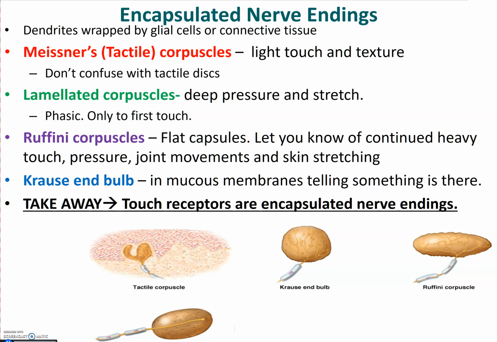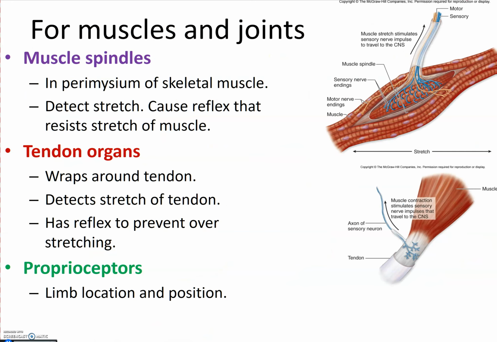Now, there's some others. The Ruffini corpuscles let you know of joint movements and skin stretching, and I just like the end bulb of Krause. That's in your mucous membranes. It tells you you have a booger. So touch receptors are encapsulated nerve endings. I'll either ask you what temperature and pain receptors are, free nerve endings, or touch, encapsulated.